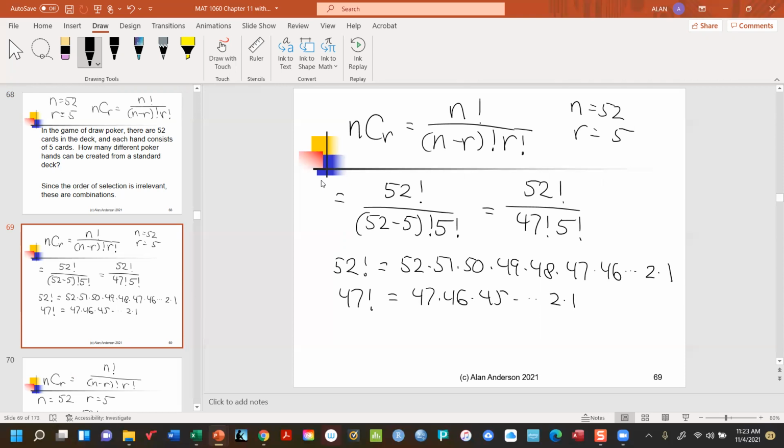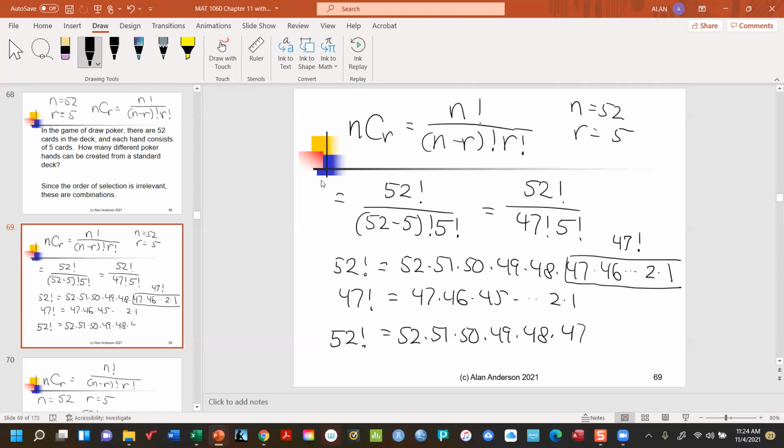So if you notice, this section is itself 47 factorial. So that means I can simplify 52 factorial by writing it as 52 times 51 times 50 times 49 times 48 times 47 factorial. Now, how is that helping me?